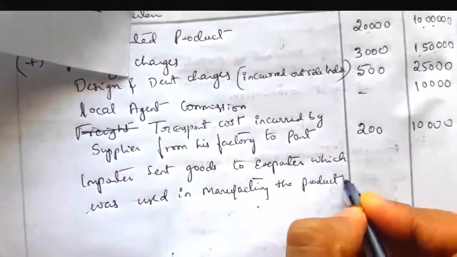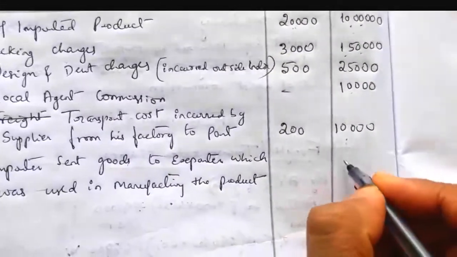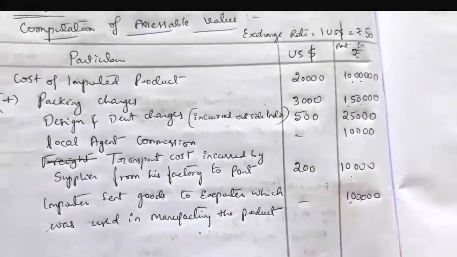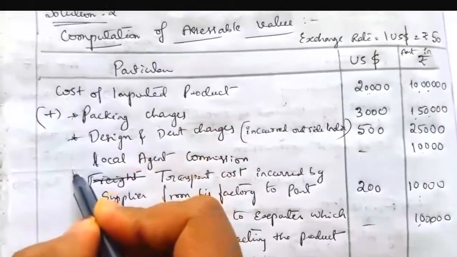The value they have given is 1 lakh Indian rupees, so take it directly in the rupee column, 1 lakh. Put a bullet point here.